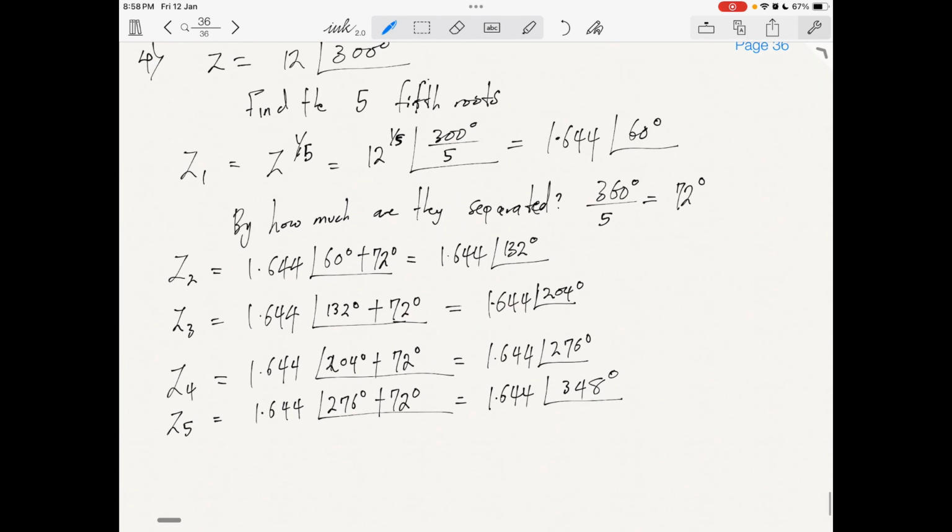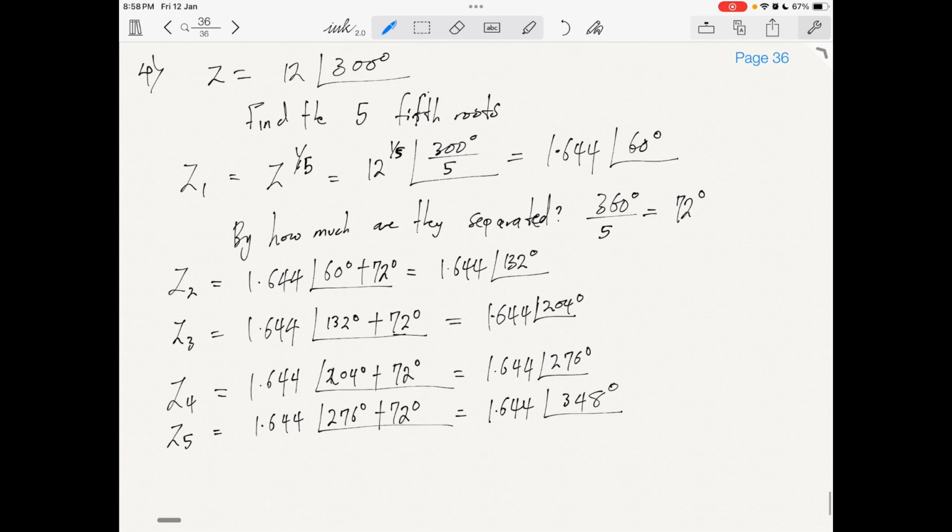Okay, let's minimize the space here. So we can sketch it on an Argand diagram there. And we know that this will be Z1 at an angle of 60 degrees. And Z2 is 132 degrees, which lies here, in the second quadrant. So this is Z2. And 204 degrees, which lies in the third quadrant, is about here, Z3.